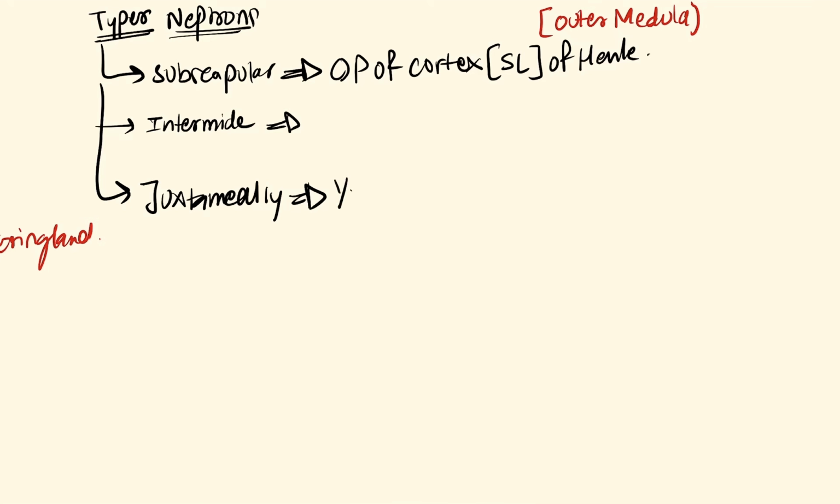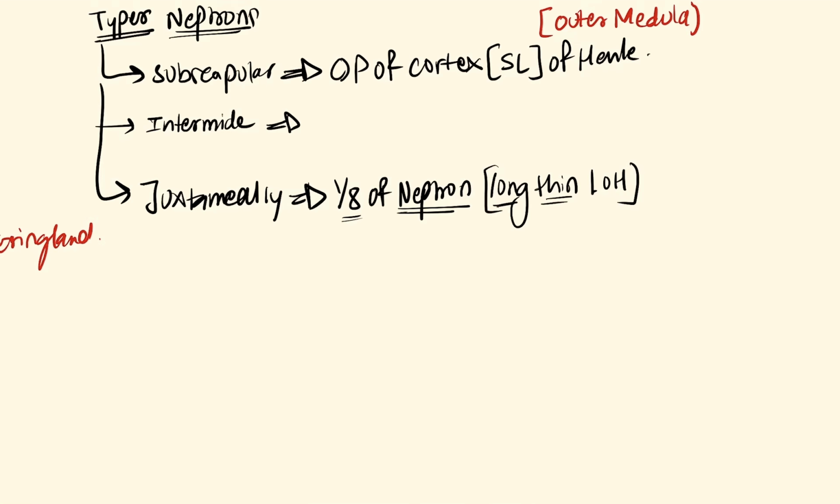If we're talking about the juxtamedullary, it is 1/8 of the total nephrons. There is a nephron and a renal corpuscle. They have a long thin loop of Henle, and the renal corpuscle is at the base of the medullary pyramid.